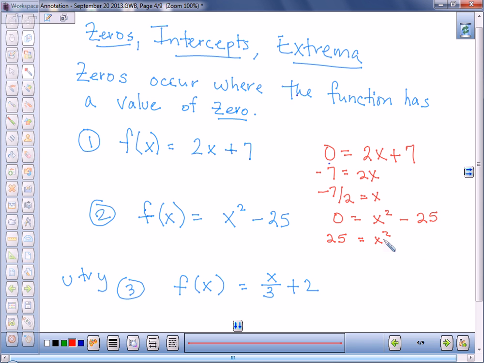I am squaring a number and getting 25. It is either 5 or negative 5. This is where, when you take the square root of both sides, you get plus or minus. So the zeros of this function occur where x equals 5 and where x equals negative 5. Does that make sense? Yes.